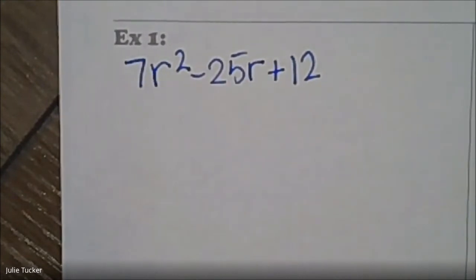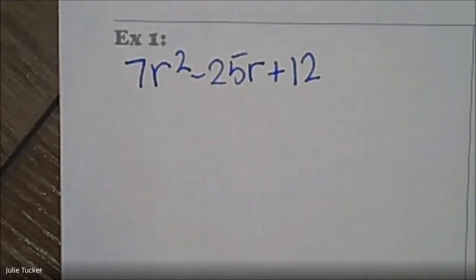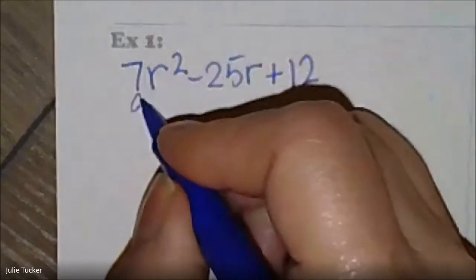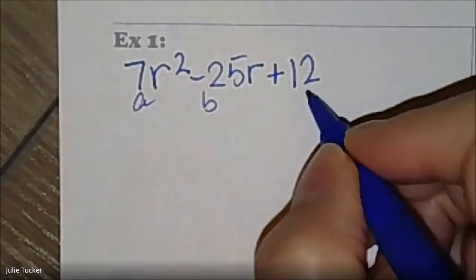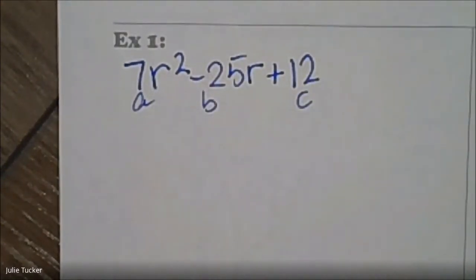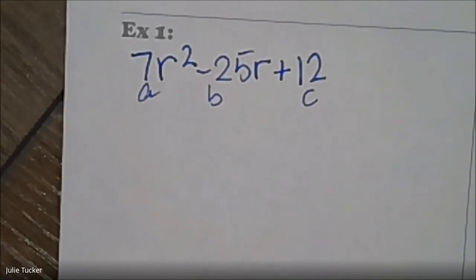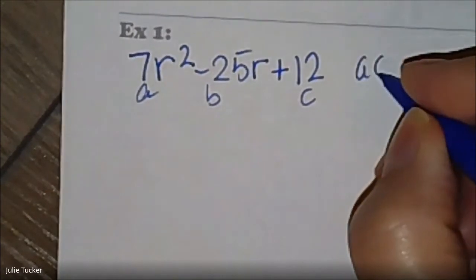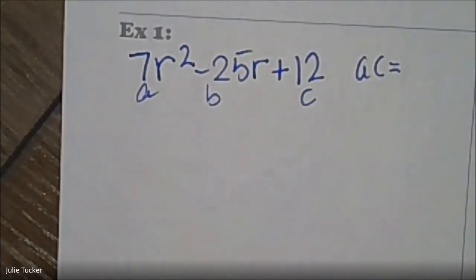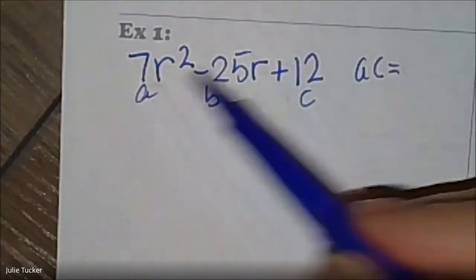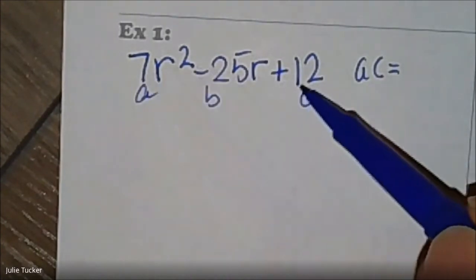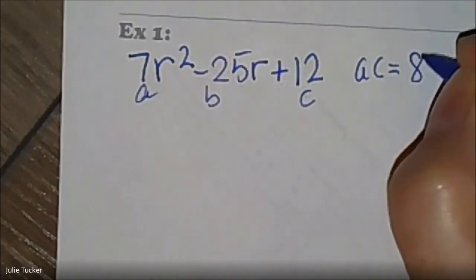So this is my A, this is my B, this is my C, right? So for the AC method, the first thing you do is you multiply A times C. That's 7 times 12, and that's 84.